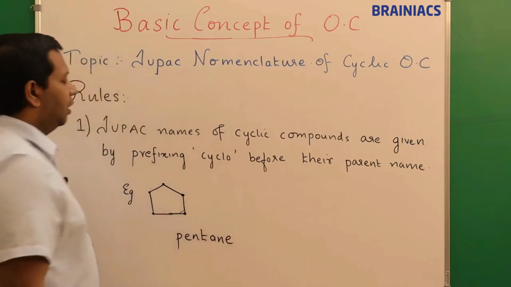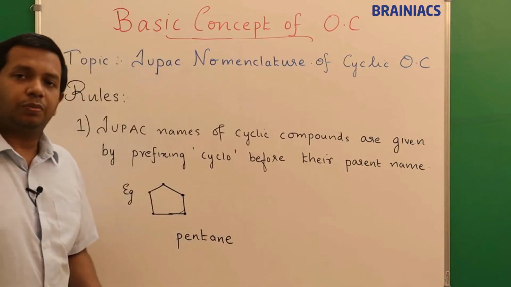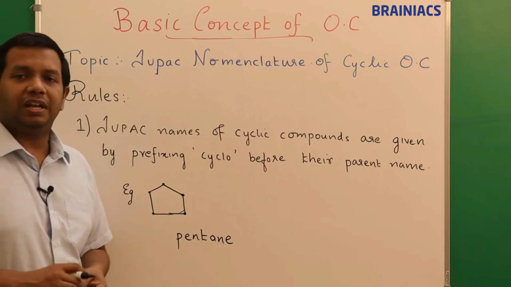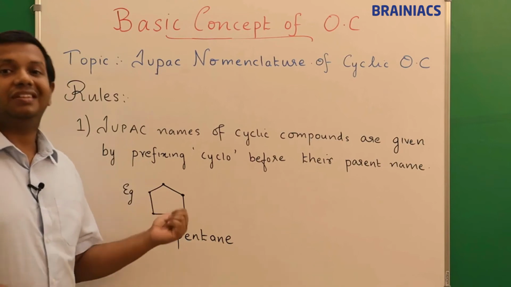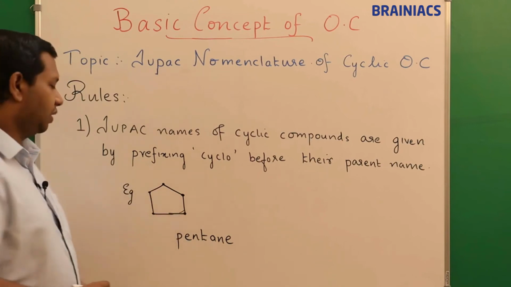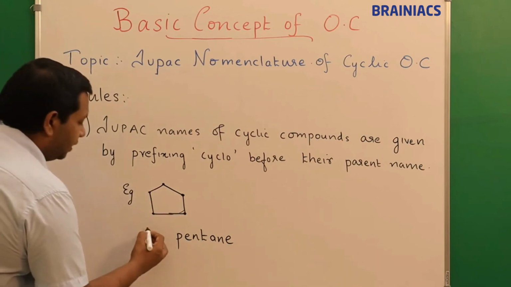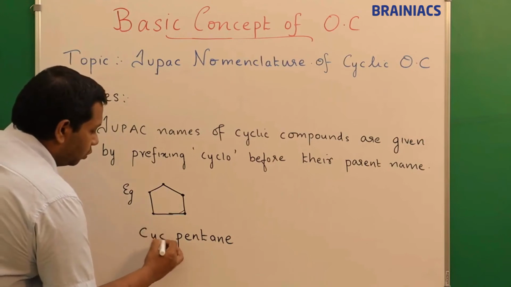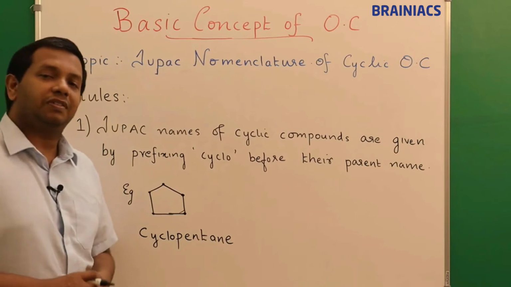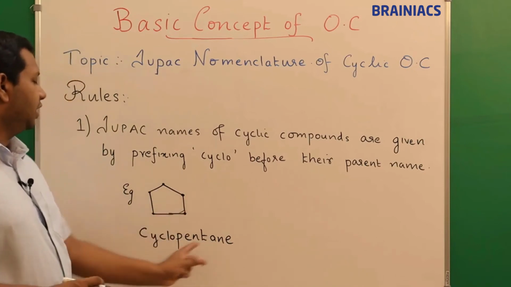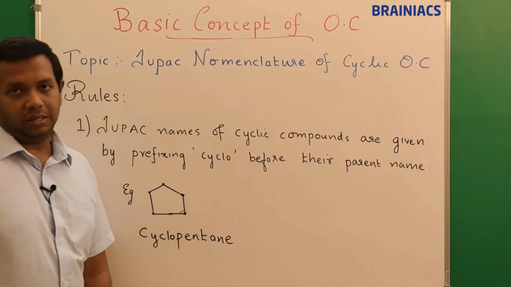Ane. Now there is no functional group present, so there is no secondary suffix, and the primary prefix is applicable since it is a cyclic compound. So what is the primary prefix you need to add? Cyclo. Now there is no secondary prefix since there are no substituents, so the name is cyclopentane.